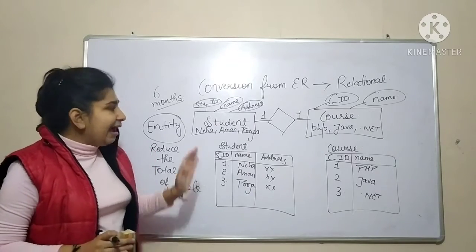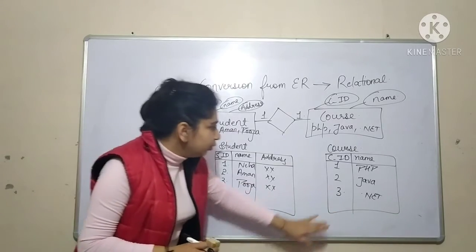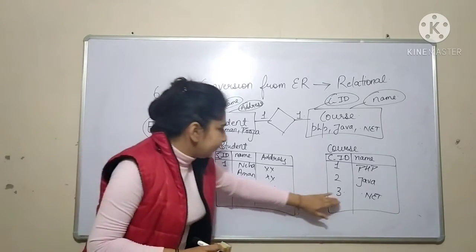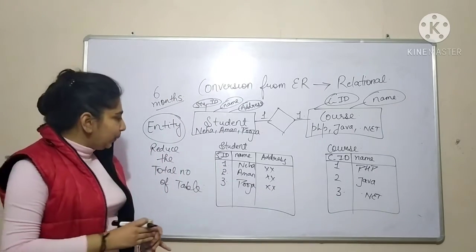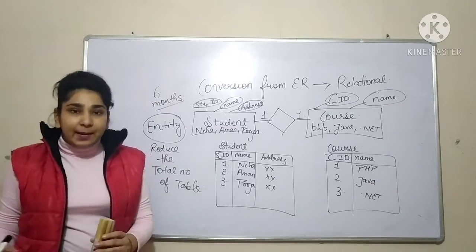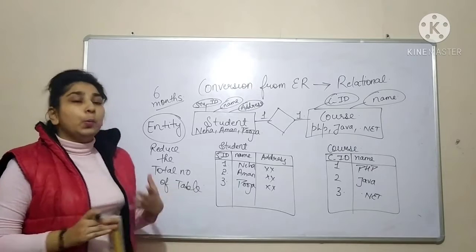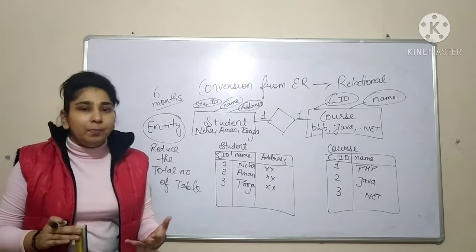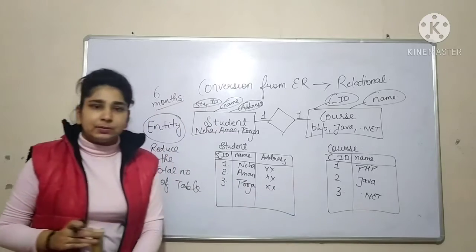So we have to now establish a relationship between these two tables. Okay, we have to establish a relationship between these two tables. To establish the relationship between the two tables, we should have one common attribute in both the tables.